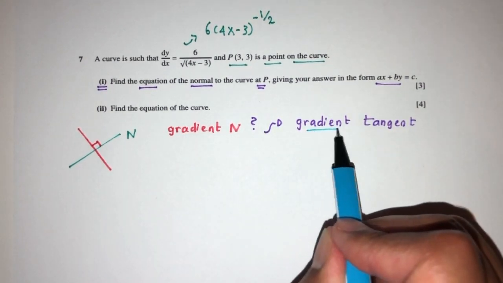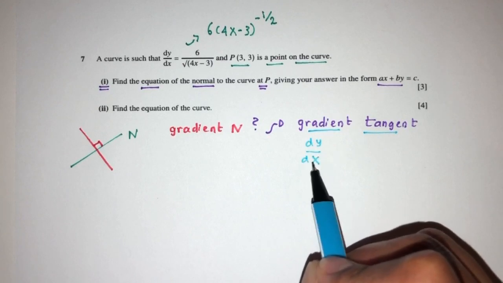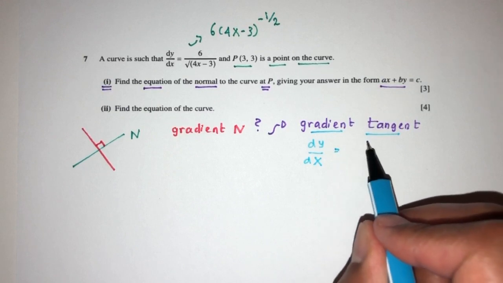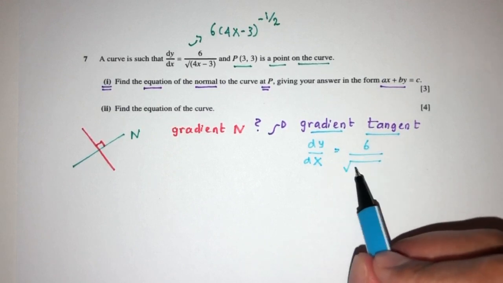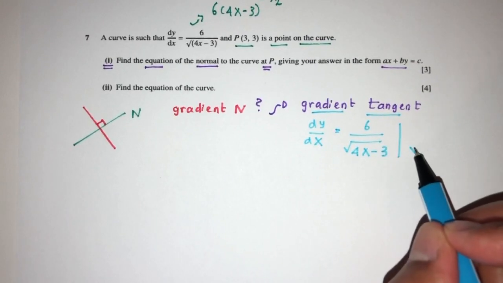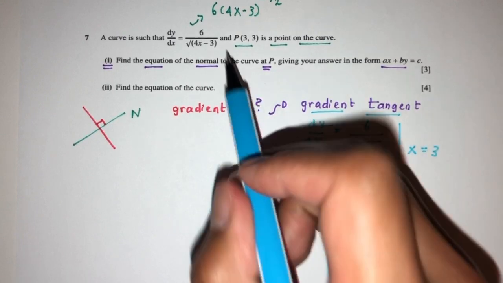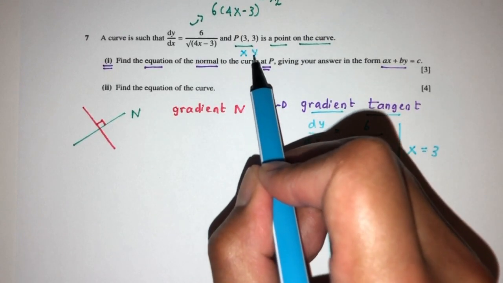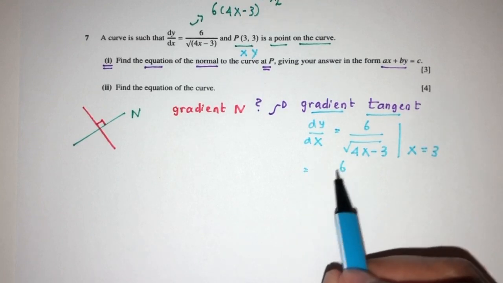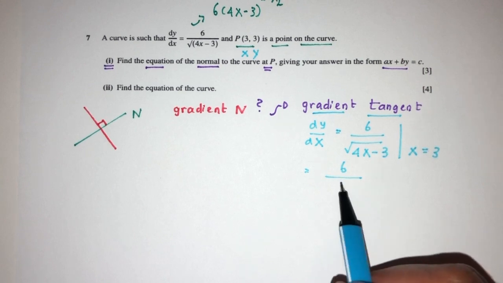Now what is the gradient of the tangent? It is simply dy by dx. So always remember this, gradient of tangent is dy by dx. It is equal to 6 over root of 4x minus 3. This is given to you. Now we have to find this at the value of x at the point P, at x equal to 3. So P is x equal to 3 and y is 3 as given by the question. So replace, you will have 6 over root of 4 times 3 is 12 minus 3 is 9. So root of 9 is 3, right?